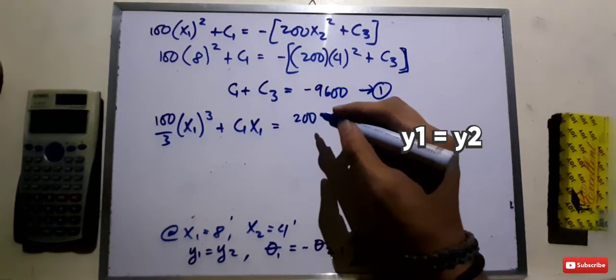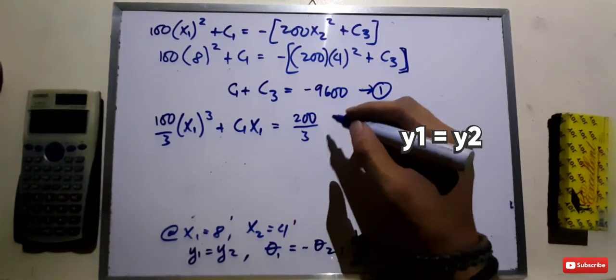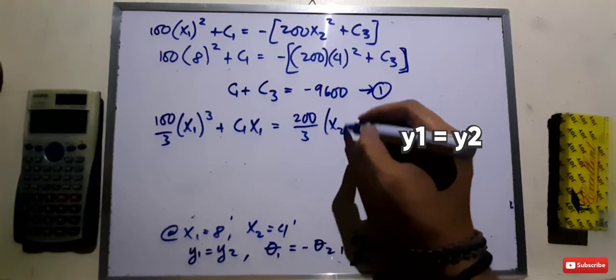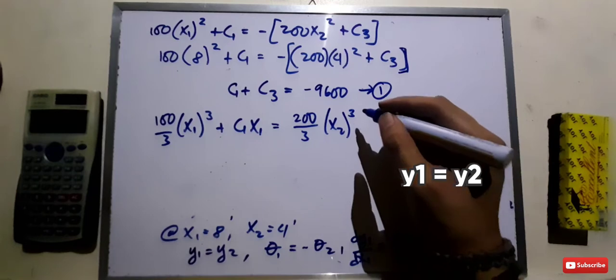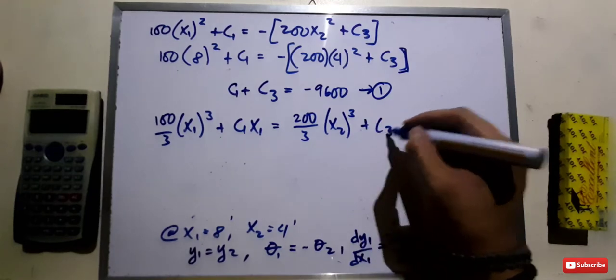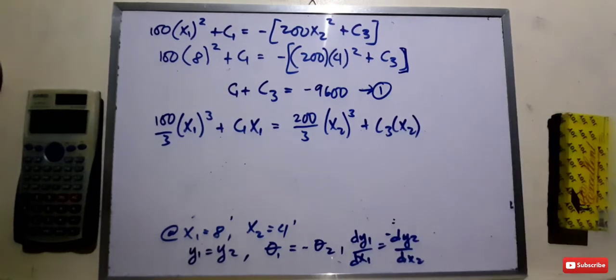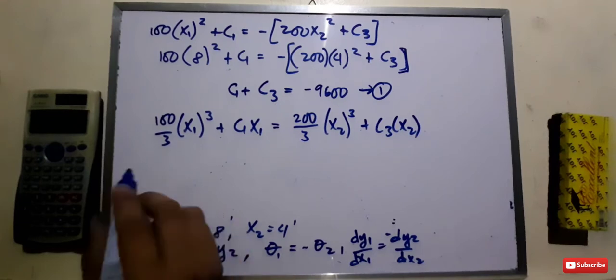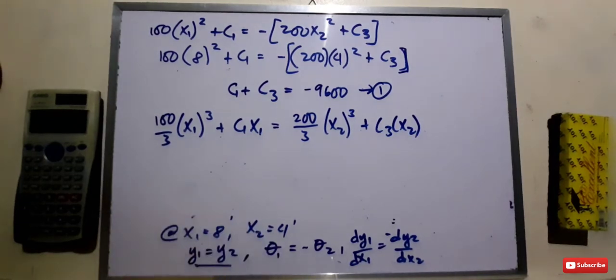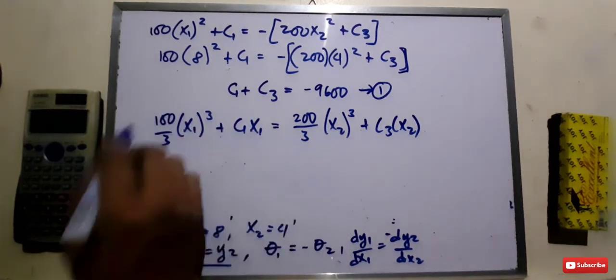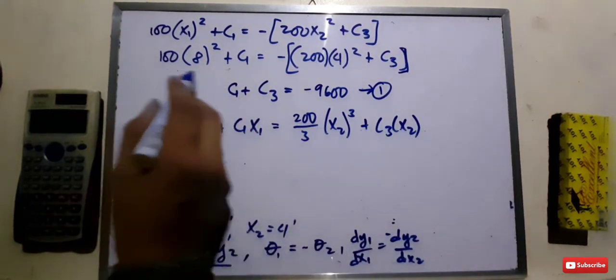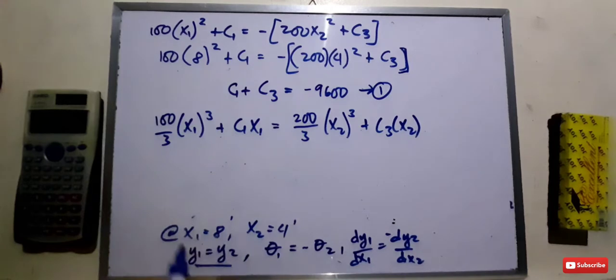Sa slope yung may negative. 200 divided by 3 x sub 2 cube plus C3 x sub 2. So, ito yung para sa second na boundary condition natin na y1 equals y2. Kaya in-equate natin. So, this is y1, this is y2. Same with kanina, this is slope 1, slope 2.